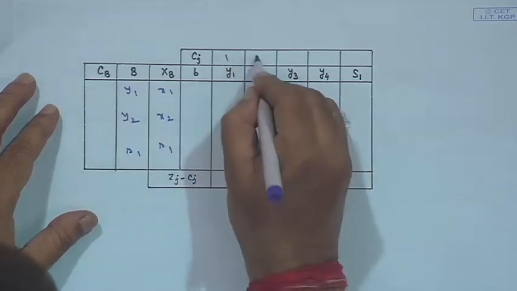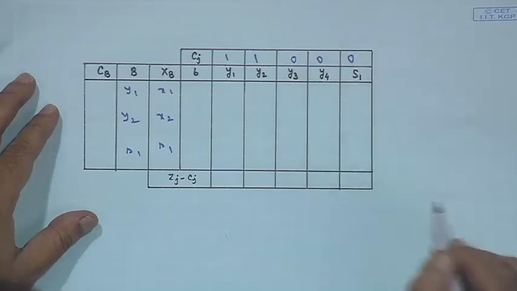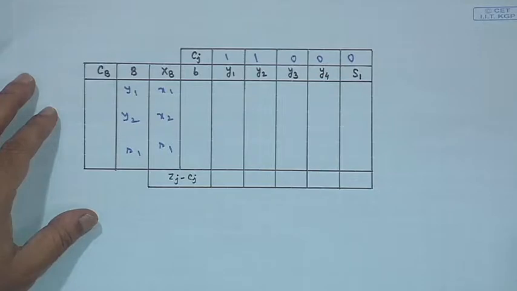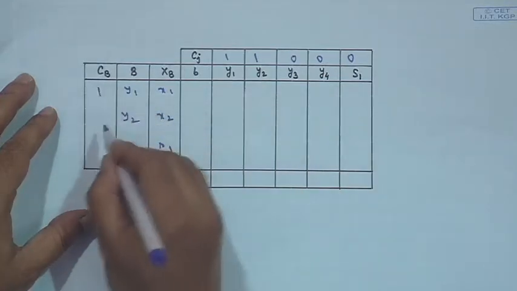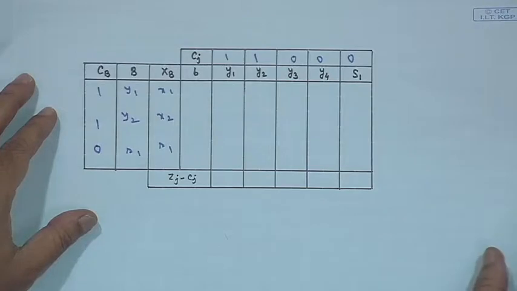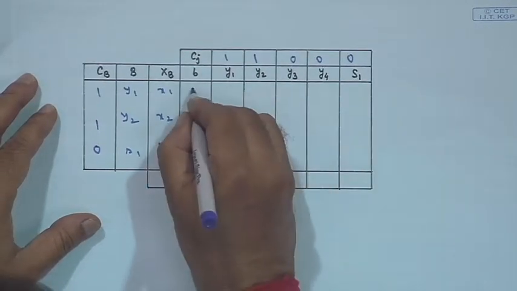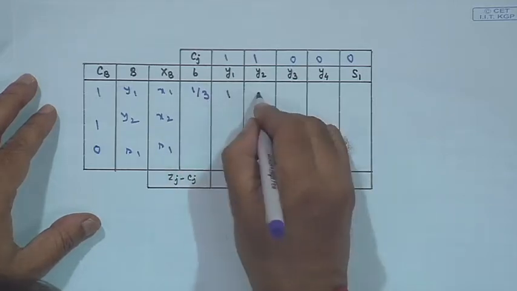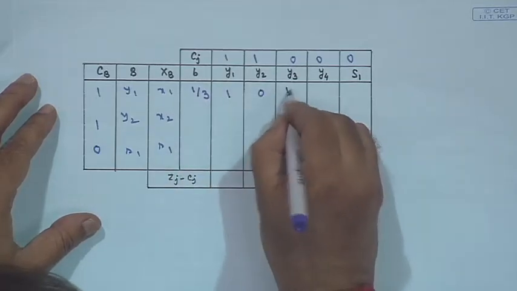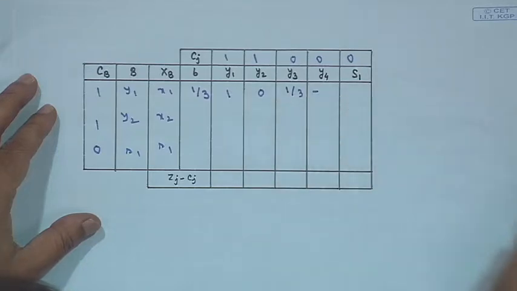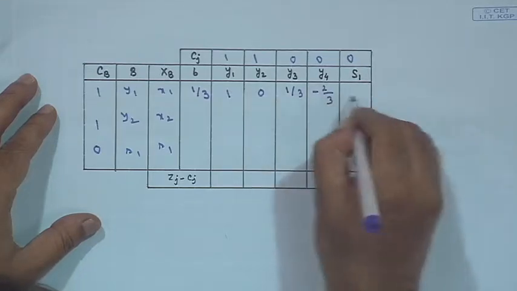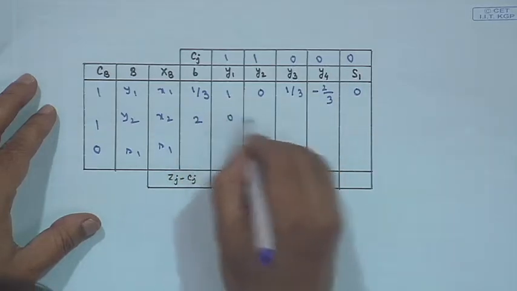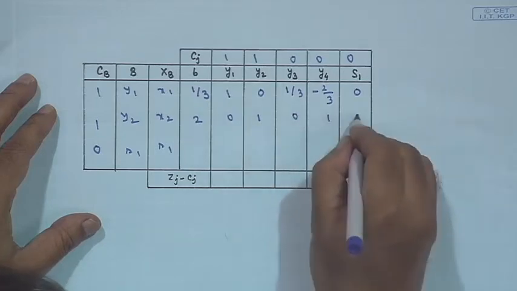Cj values are 1, 1, 0, 0, 0. Corresponding to slack variable S 1, the coefficient in the objective function is 0. There will be no change on the previous table for the first two rows, that is 1/3, 1, 0, 1/3, minus 2/3, S 1 is 0, second one is 2, 0, 1, 0, 1, 0.